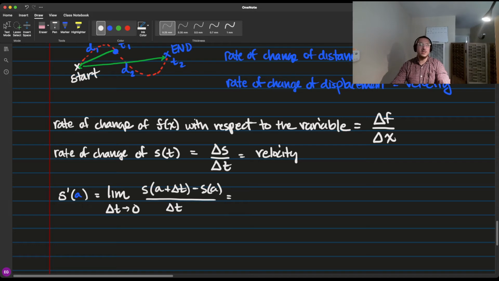Now the rate of change of displacement just is velocity. So that is how you find your velocity at some particular time.